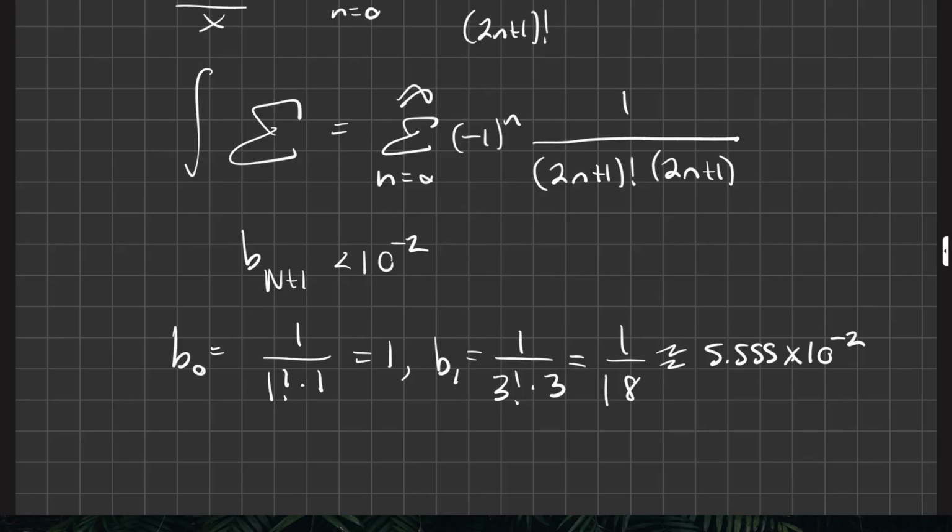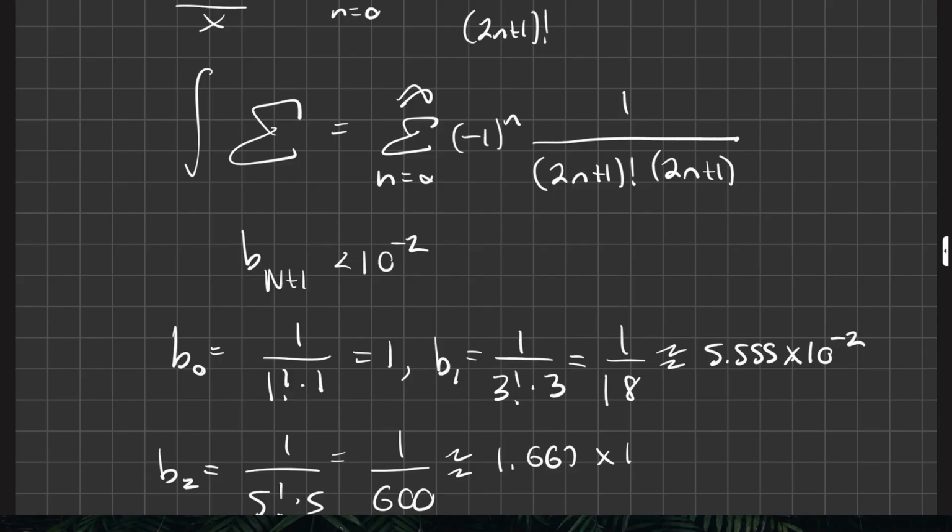Now b sub 2 is 1 over 5 factorial times 5. This gives us 1 over 600, which is approximately 1.667 times 10 to the minus 3.